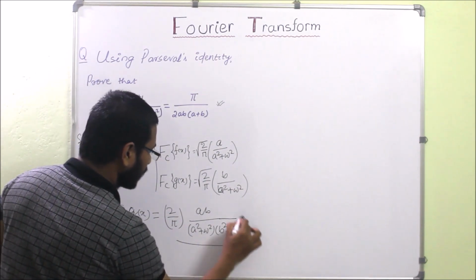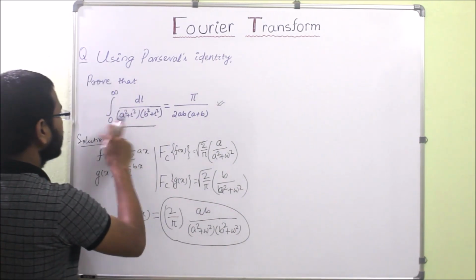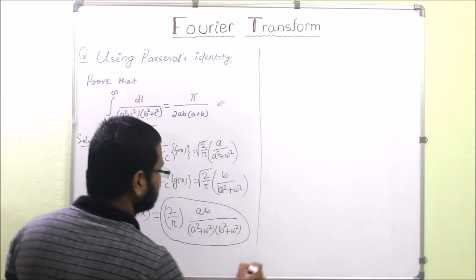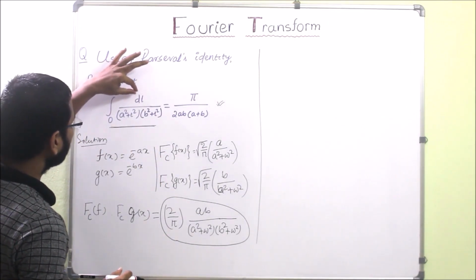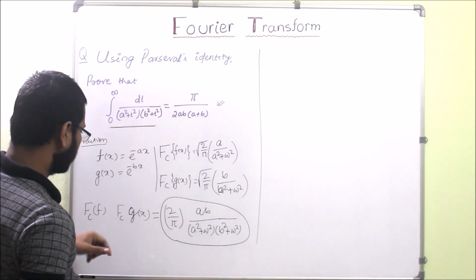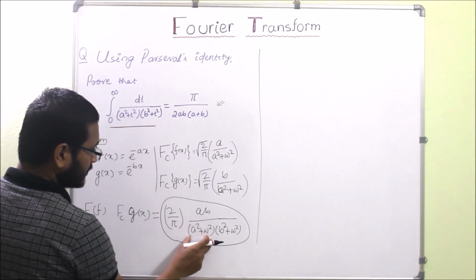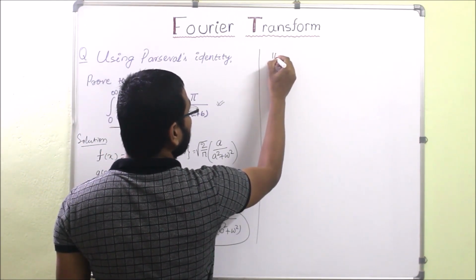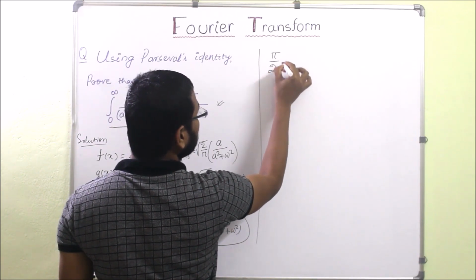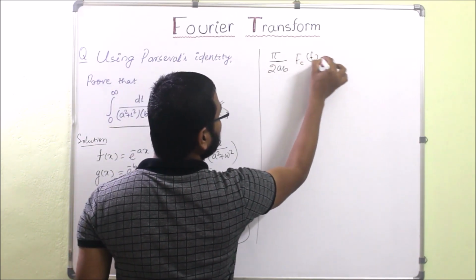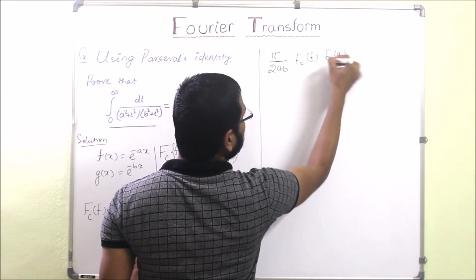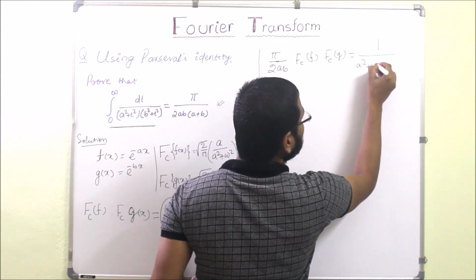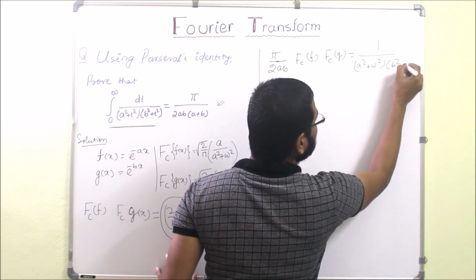Now how can we use this formula in the problem, that we have to see. If we compare, we will see that in the problem we have 1 divided by these two factors. So we will do this from the right hand side. If I take pi by 2ab into Fc of f into Fc of g, then the right side will be 1 divided by (a square plus w square) into (b square plus w square).